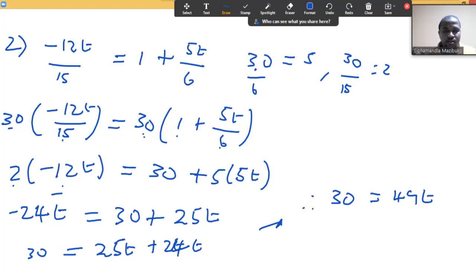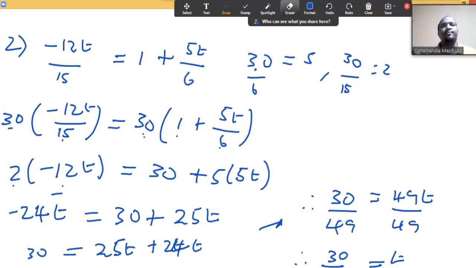So we can simply divide by 49 on both sides, and therefore 30 over 49 is the same as t.